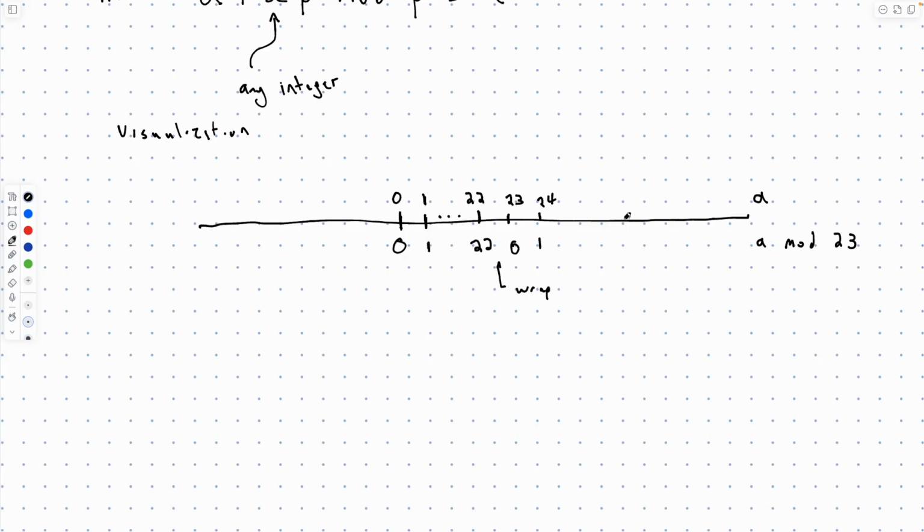If I go up to, say, 44, which is 22 times 2, actually, let me go to 46, which is 23 times 2. Then I'll go back to 0. So as I go up this line, I'll go 0, 1, up to 22, then I'll wrap, I'll go 0, 1, up to 22 again, I'll wrap, and I'll keep wrapping all the way up.